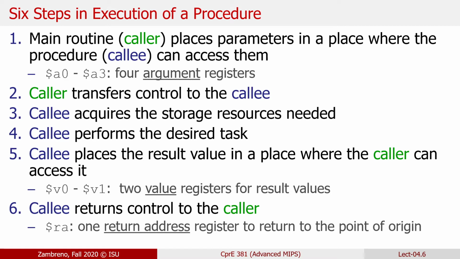If the A in A0 to A3 corresponds to the word argument or inputs, the V in V0 and V1 are the return values, and that's where they would get placed. And then there's an additional instruction that allows the callee to return control back to the caller. So there's a lot going on here.